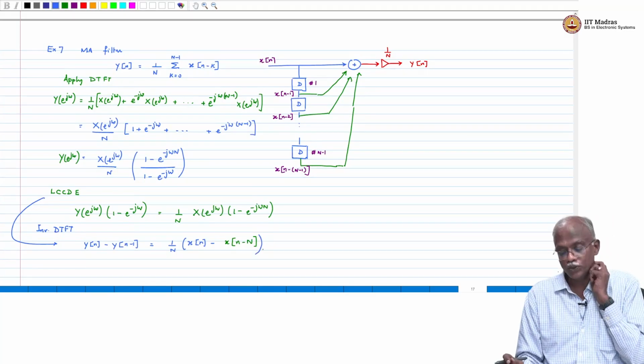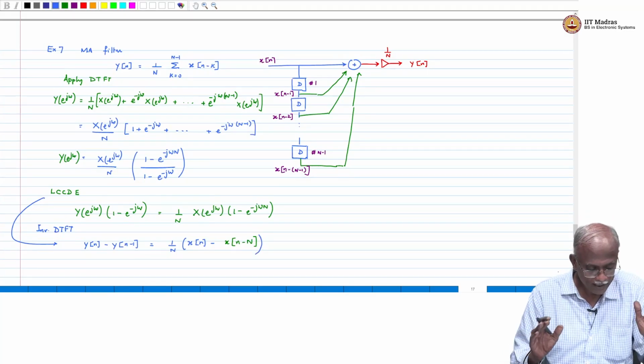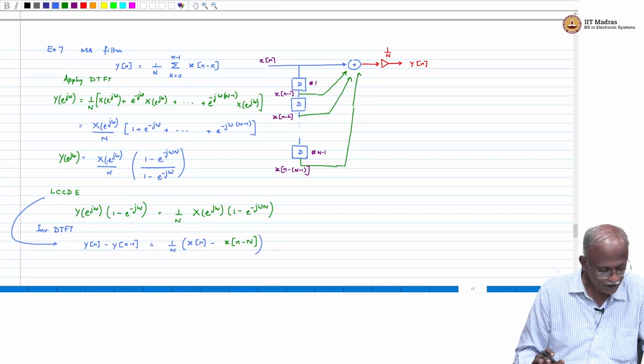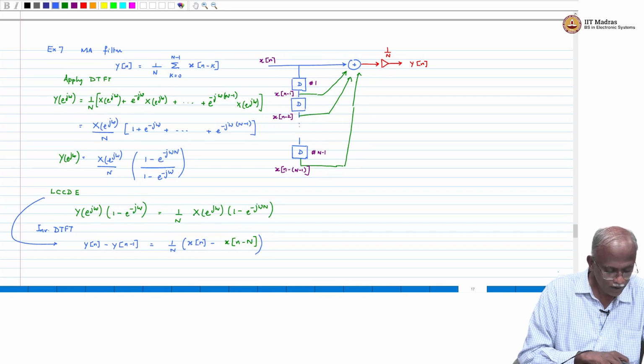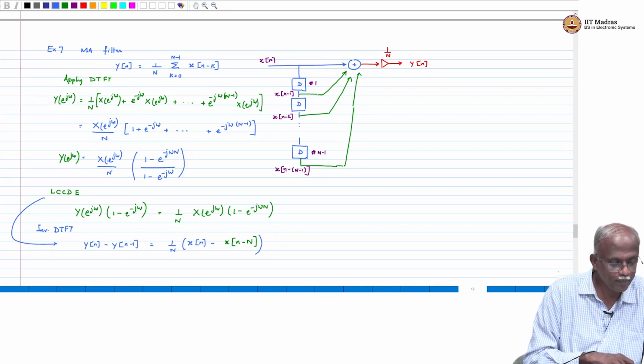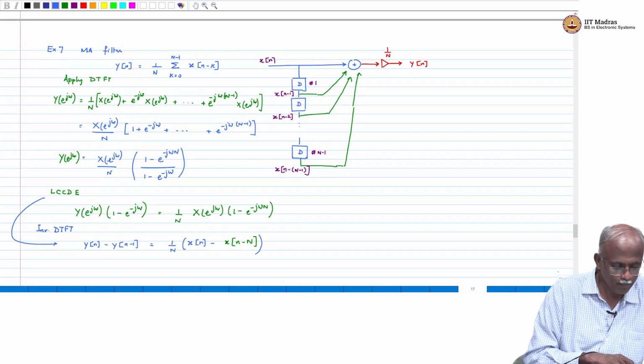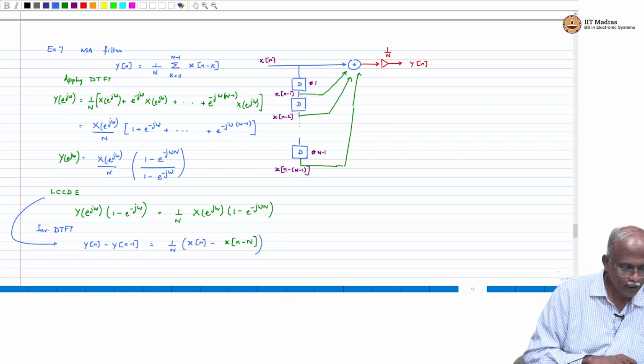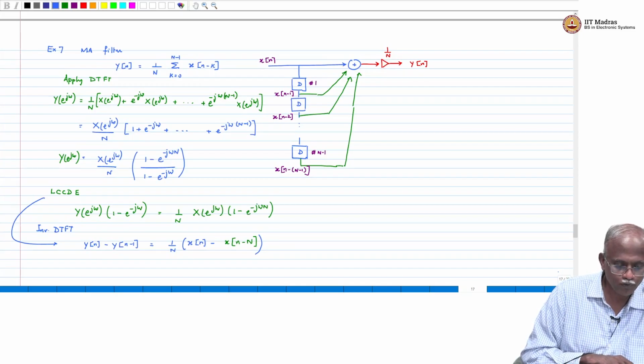Okay. So, this is a very interesting representation, which then says, I have an alternate way of implementing this result, because I can now draw a structure that looks different, but is able to make the same calculation as before.